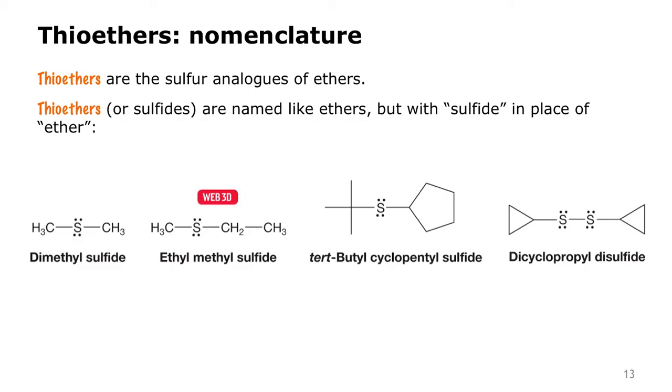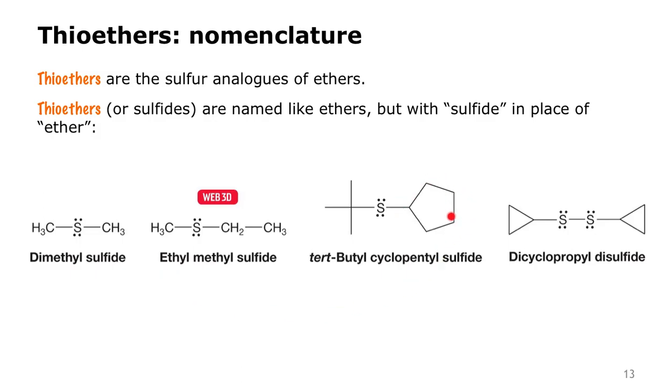There are sulfur derivatives of ethers known as thioethers, and there are a few examples shown here. They're also referred to as sulfides. They are named just like ethers, but instead of ether at the end, we have sulfide at the end. So this is dimethyl sulfide. This is ethyl methyl sulfide, alphabetical order.